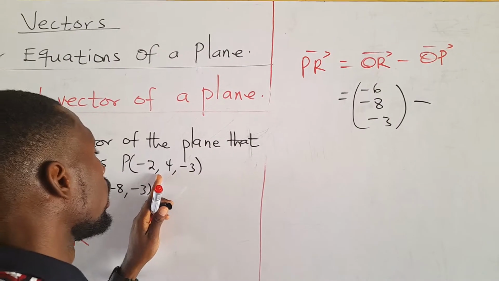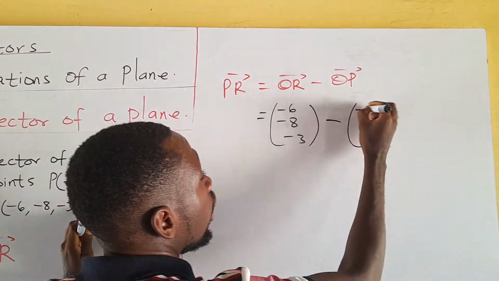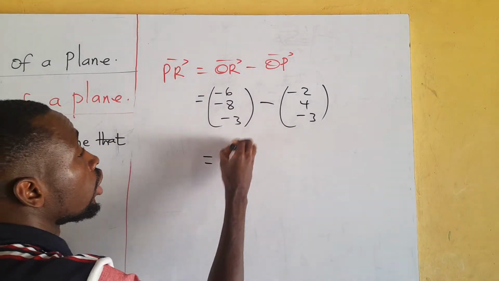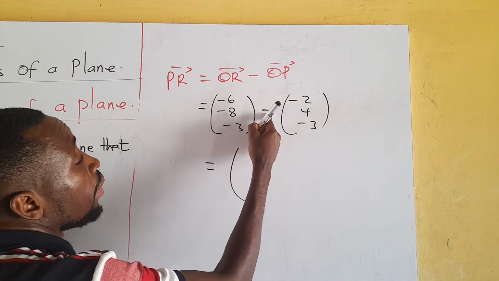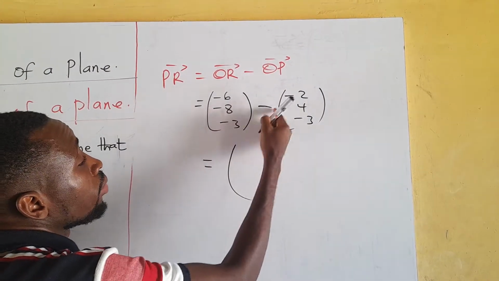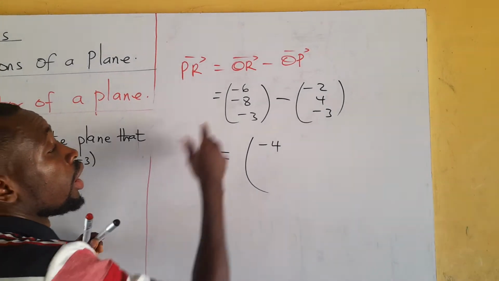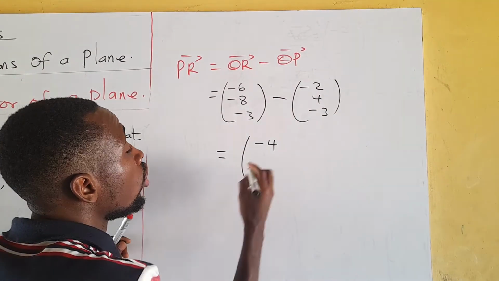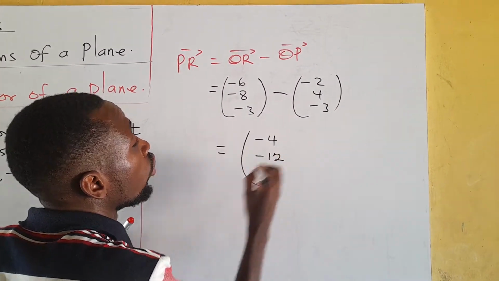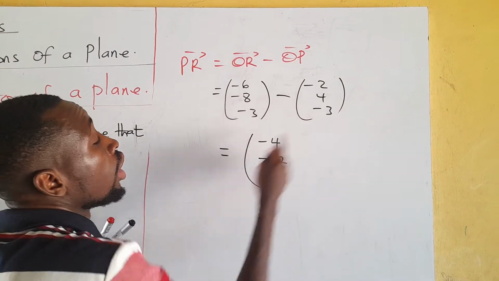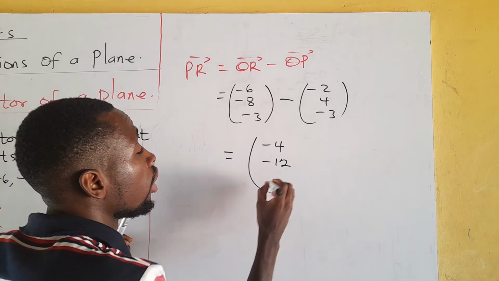The OP is negative 2, 4, negative 3. We'll subtract that. Negative 6 minus negative 2, that will be negative 6 plus 2. That will be negative 4. Then negative 8 minus 4 will be minus 12. And negative 3 minus negative 3, that will be negative 3 plus 3. And that's 0.